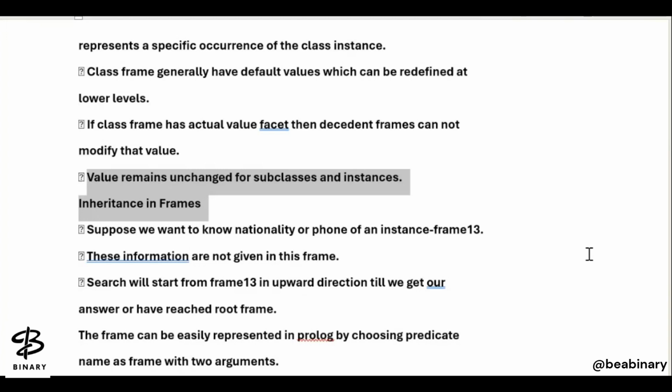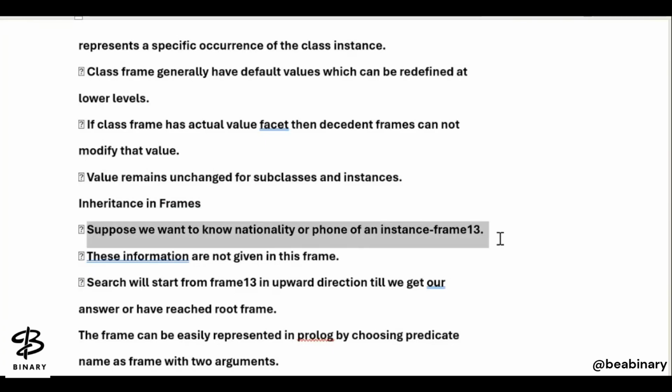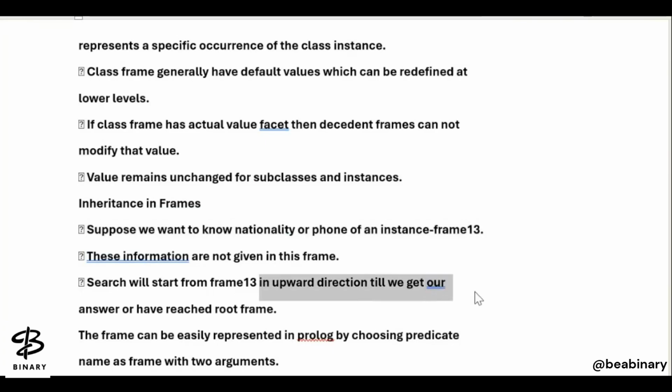These are the properties you should follow in a frame-based system. When we are talking about inheritance in a frame, suppose we want to know the nationality or the phone of the instance frame 13. This information is not given in this frame, so the search will start from frame 13 in the upward direction until we get our answer or reach the root frame.